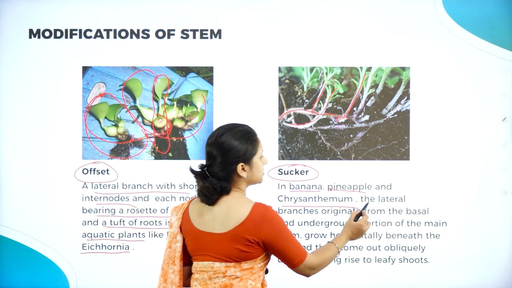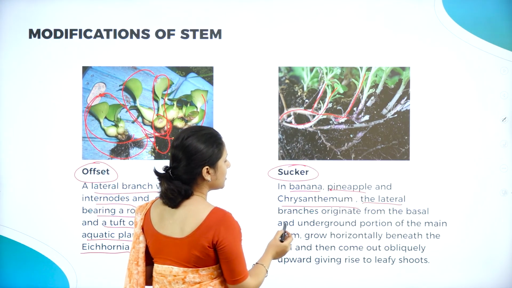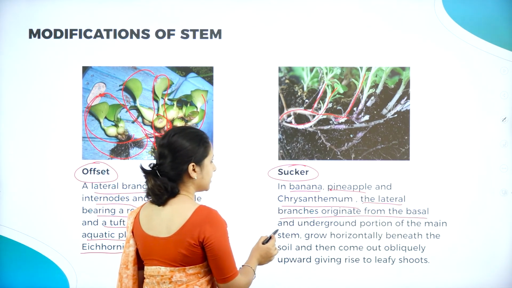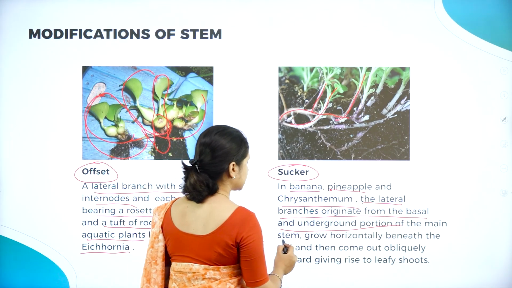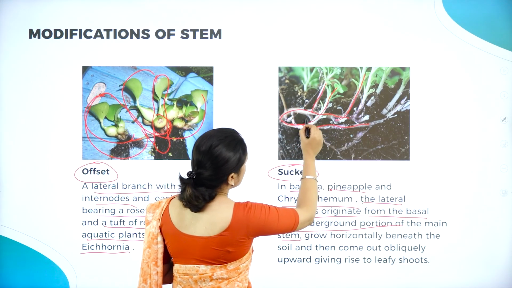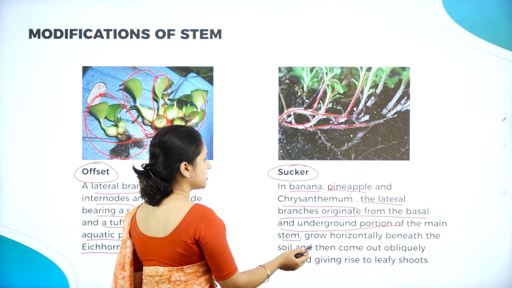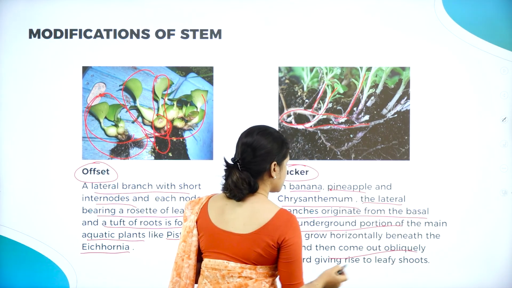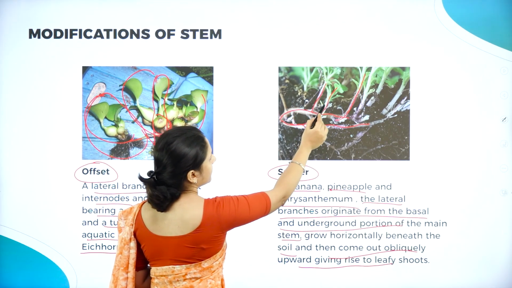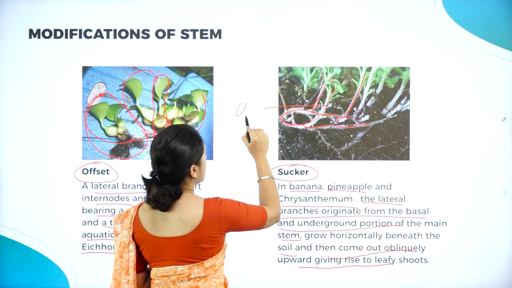Here what happens, the lateral branches will originate from the basal and underground portion of the main stem. From these lateral branches, horizontal shoots, that is, the leafy shoots, will arise, and these leafy shoots will grow upwards.